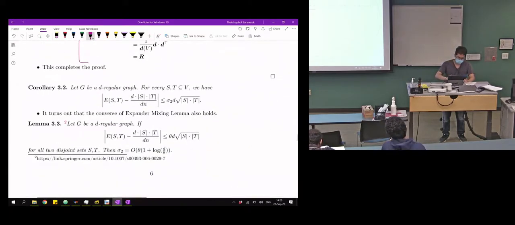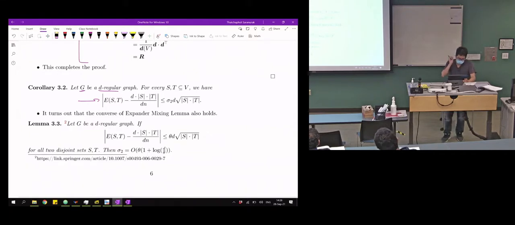Okay. So if G is D regular, every node has the same degree D, then you can simplify it to this. Most of the lecture notes present it in this way, but we showed the proof for general graphs.